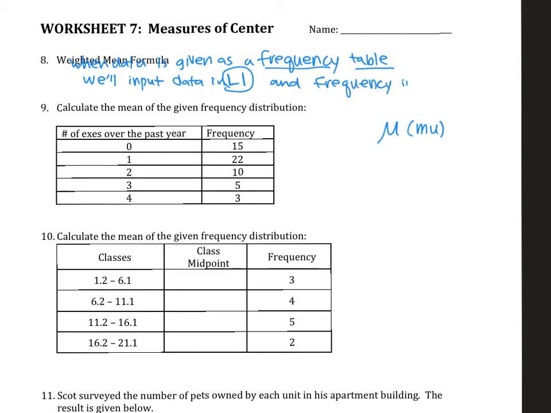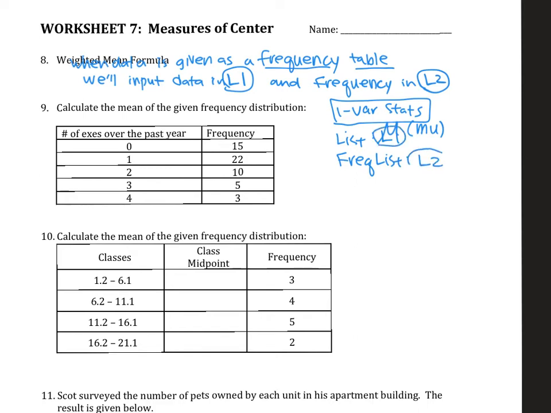Frequency in L2 in our calculator. So when we use our 1-bar stats calculator function key, list will be our L1 and frequency list will be our L2. So this is in case we have our data organized in terms of a frequency table.